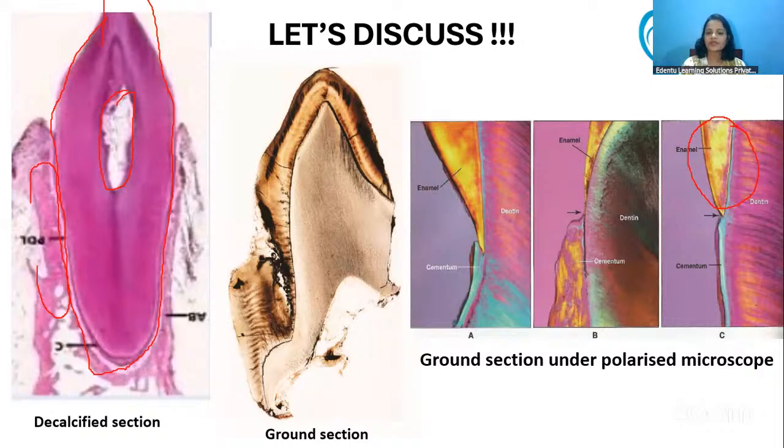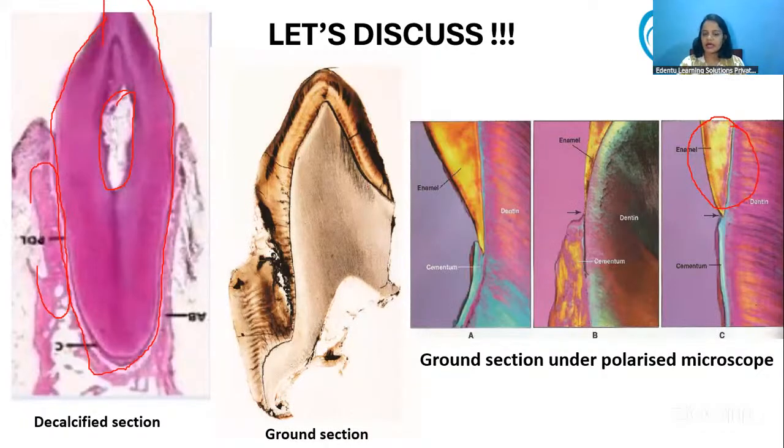But here the enamel is present and the cementum is also present and it appears very bright, like shining. That is what you will see in a ground section. When you are doing a ground section, usually the hard structures are maintained as such. The enamel, dentine and cementum will all be present.